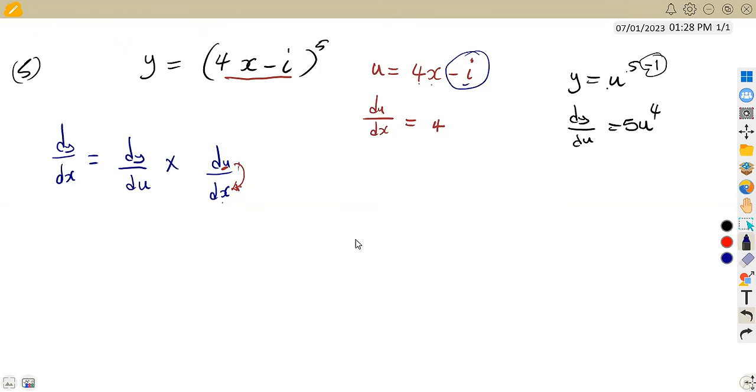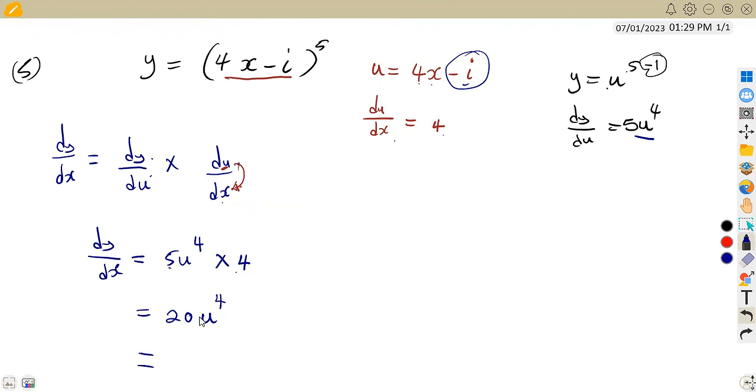With these guys, we can substitute back into our formula the values that we obtained, dy/du, which is 5u to the exponent of 4 times du/dx, which is 4 in this case. So here we can simply multiply the numbers together, 5 and 4, which is 20u to the exponent of 4. But it's in terms of u now.